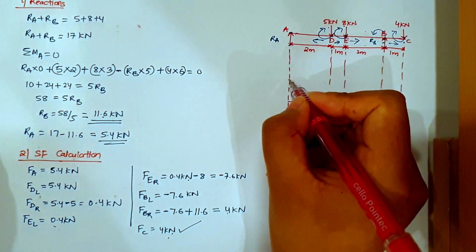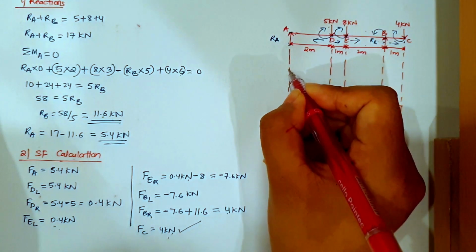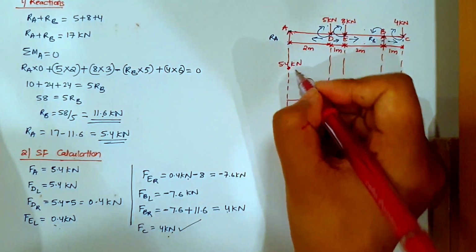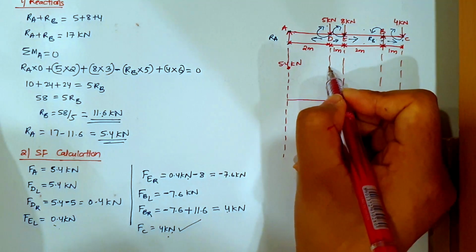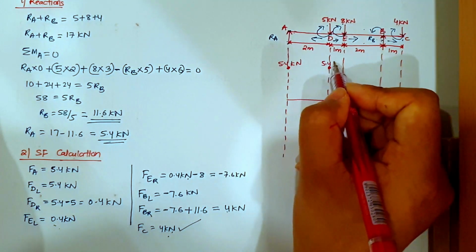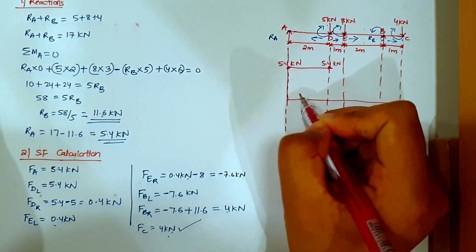Right, so at A I have 5.4 kilonewton. So towards D also I have 5.4 kilonewton. Let's join the line, right?